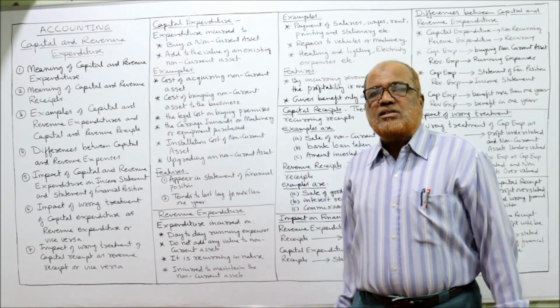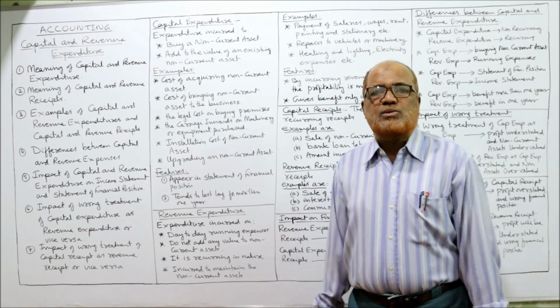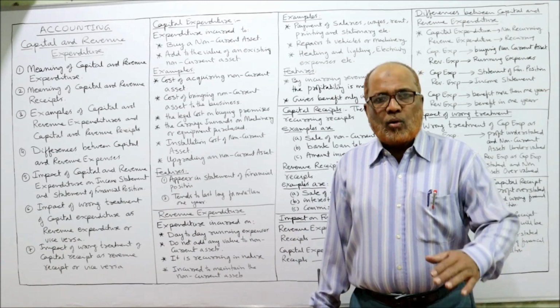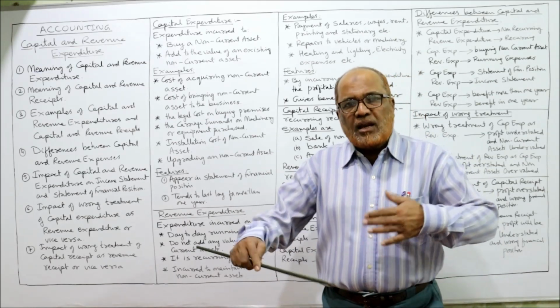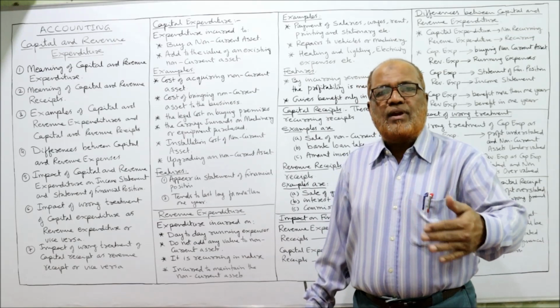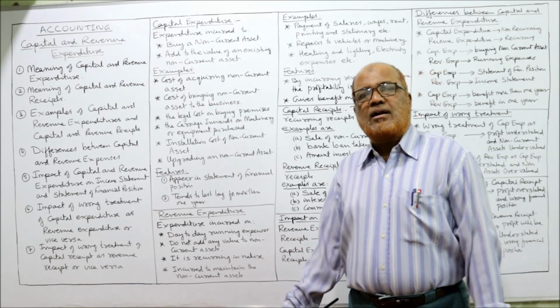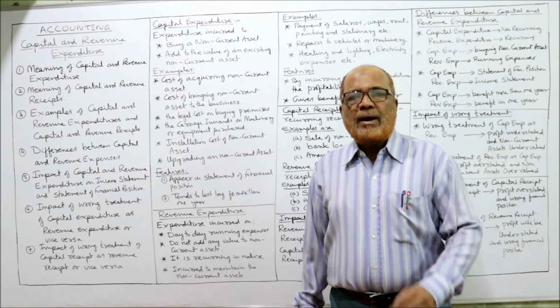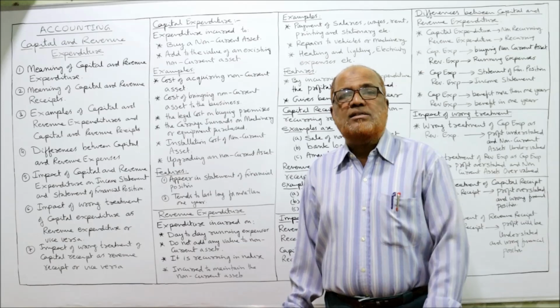Capital expenditure is a non-recurring expenditure because every now and then we will not spend the money; very rarely we will spend money on capital expenditure. But revenue expenditure is a recurring expenditure. Every now and then we have to make the payment. It does not add any value to the non-current asset. By incurring revenue expenditure, the value of the non-current asset will not increase.